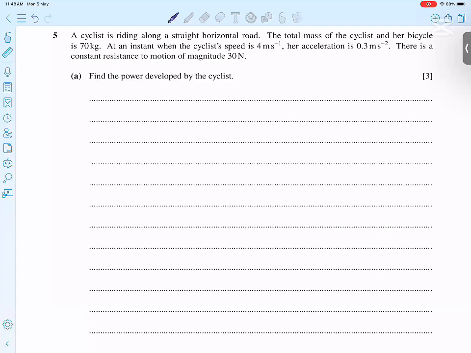Question number 5, students. We have a cyclist riding along a horizontal straight road. The total mass of the cyclist and bicycle is 70, so mass 70, and speed is 4, and acceleration is 0.3. There is a constant resistance force, small f.